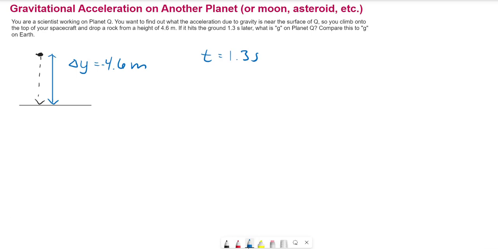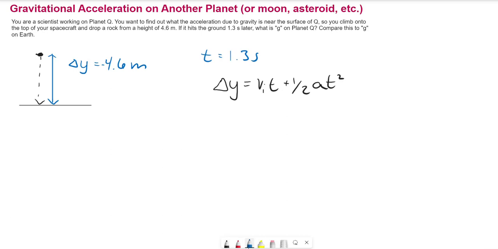So all we have to do for this type of problem is just use our kinematic equations that have the height or distance and the time. In our case, the best one to use would be delta y equals v initial times t plus 1/2 times the acceleration times t squared. Now, in this problem, we're told that the object is dropped.